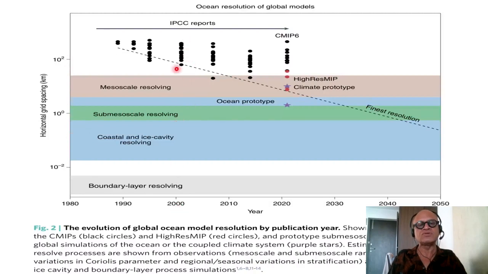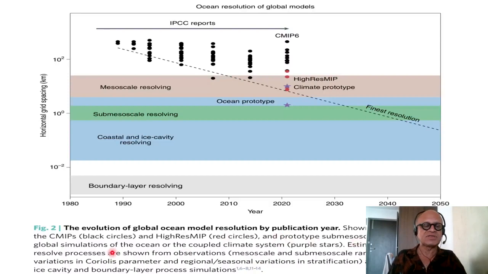So by 2000 we were having more and more increased resolution simulations. This shows the evolution of global ocean model resolution by publication year.